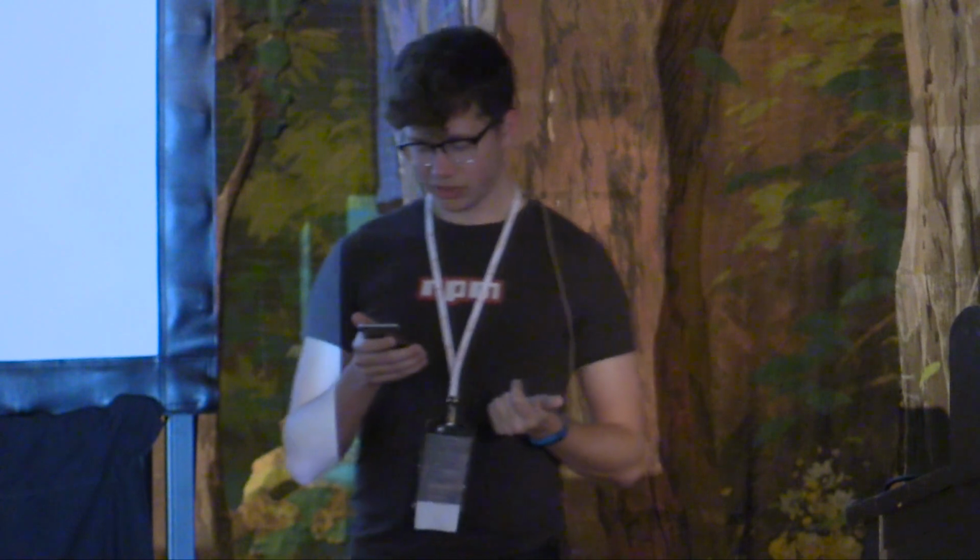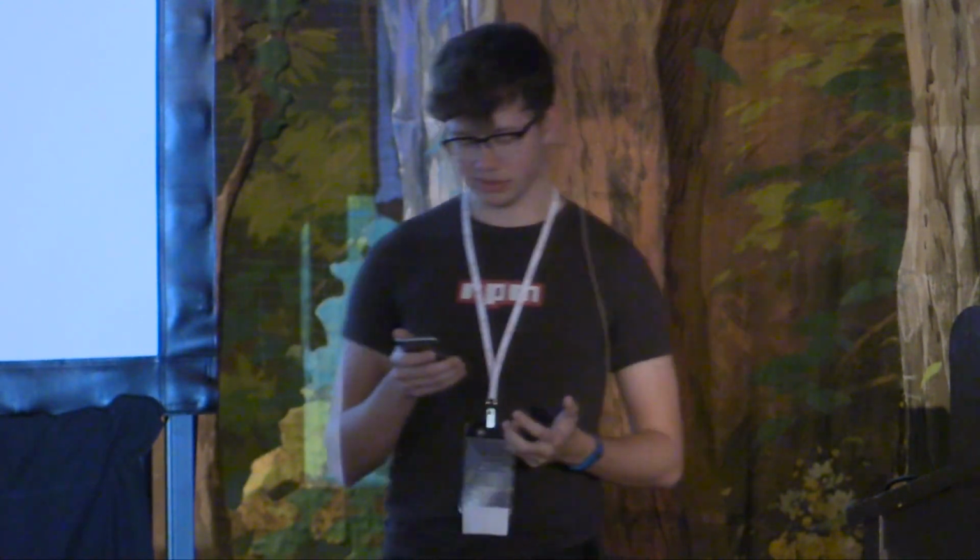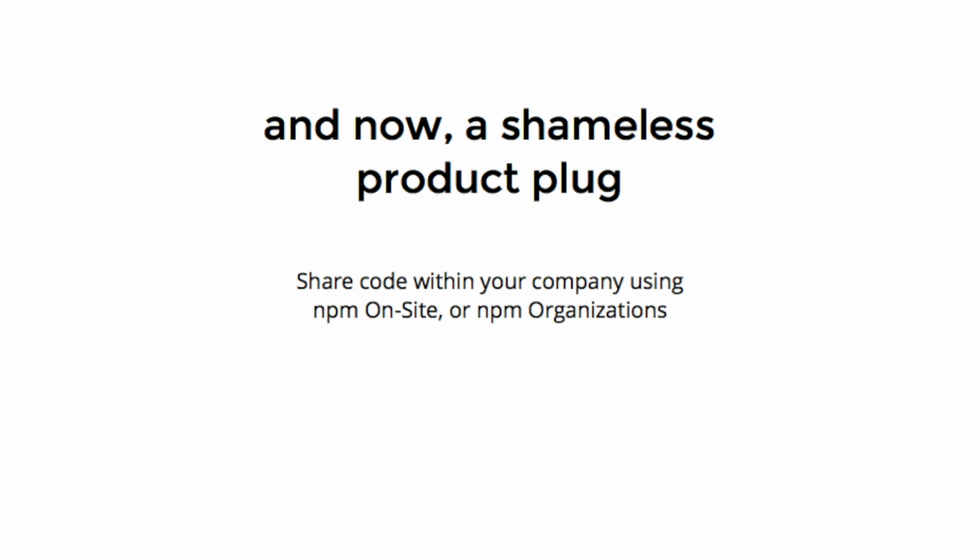Those let you create teams of people within the NPM registry and share modules privately to only that team. That is really great for smaller companies, but if you're a bigger enterprise company and you want to use your internal sign-in, or you have really strict security requirements, or you have strict licensing requirements about which types of software you can use, then we built NPM Onsite, which I'm going to talk about very briefly later, which will do that stuff for you.